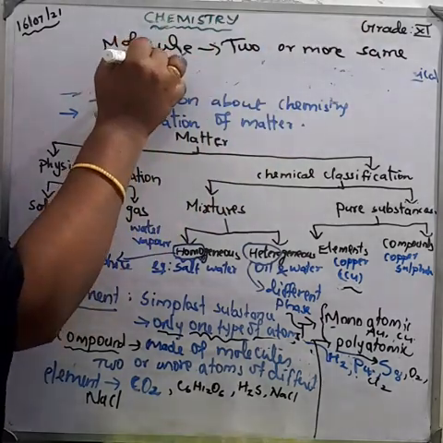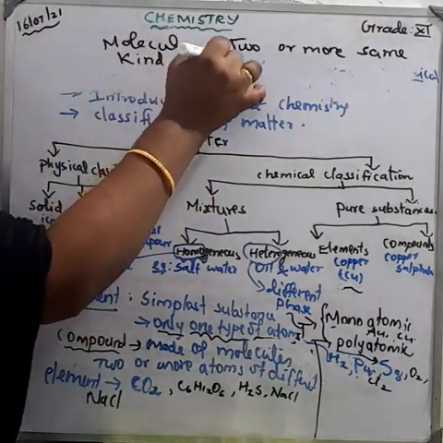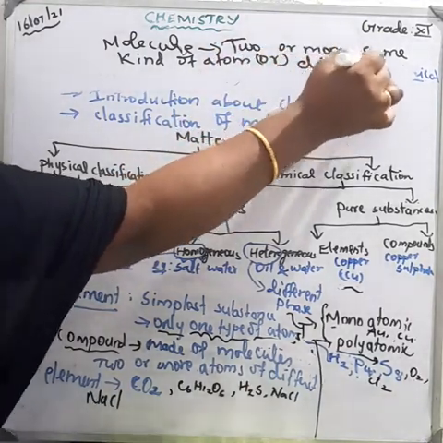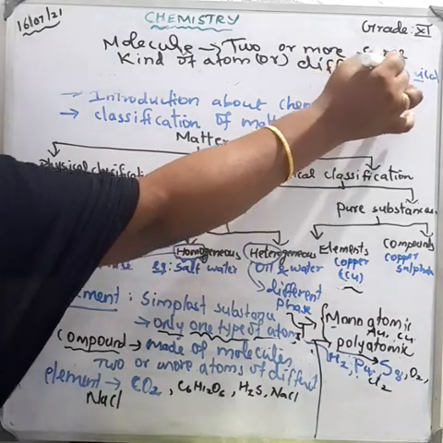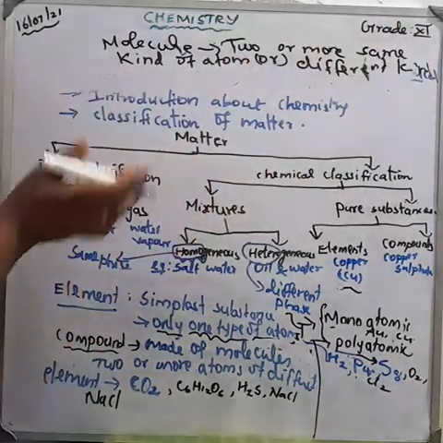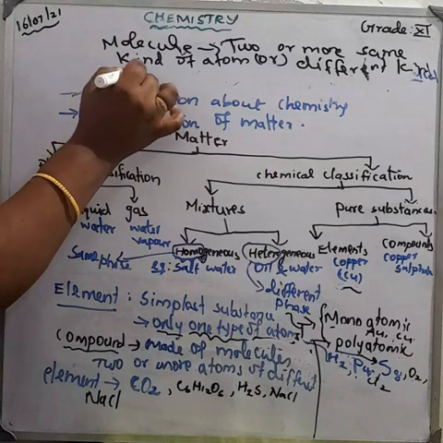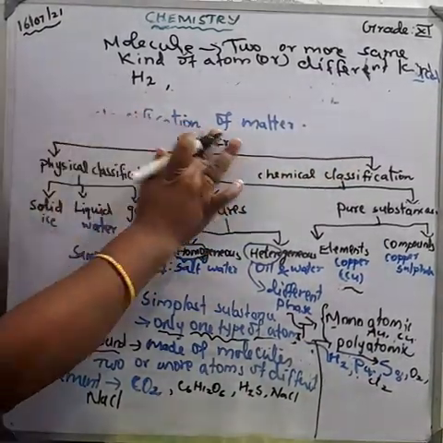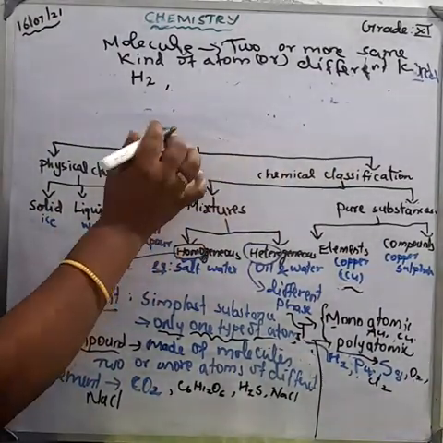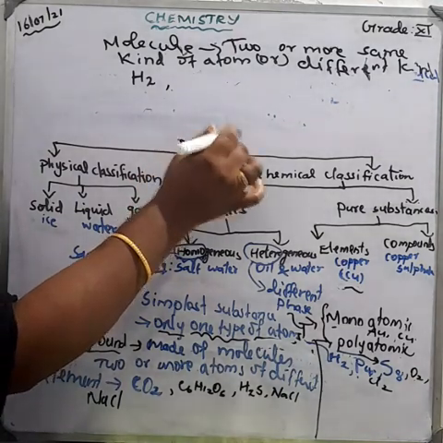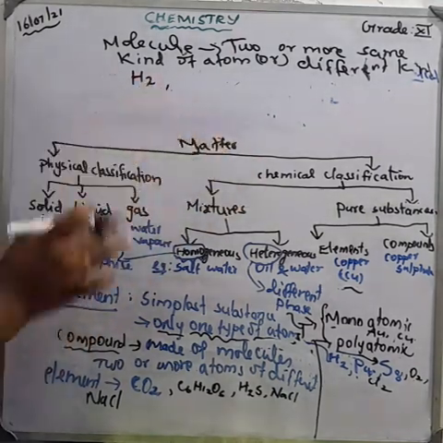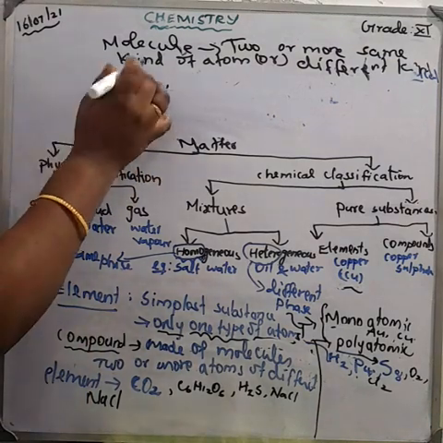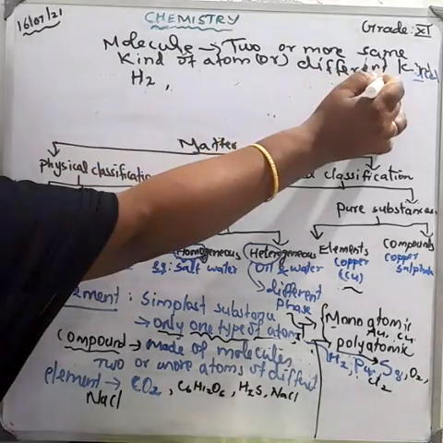For example, hydrogen, H2 molecule, has the same kind of atom combined. CO2 has different kinds of atoms combined. These are molecules. But not all molecules are compounds, while all compounds are molecules. All compounds we can say are molecules, but not all molecules can be called compounds, because molecules may have the same kind of atom or different kinds, but a compound only has different kinds of atoms combined.